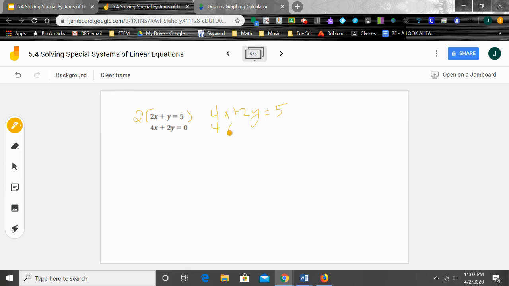The bottom, I'll just rewrite so we can eliminate nicely, equals 0. Now we need to subtract this. 4x minus 4x is 0. 2y minus 2y is 0. So all I'm left with on this side is 0. 5 minus 0 is 5. Is that possible? Can I get 0 equal to 5? No. So this means there is no solution.